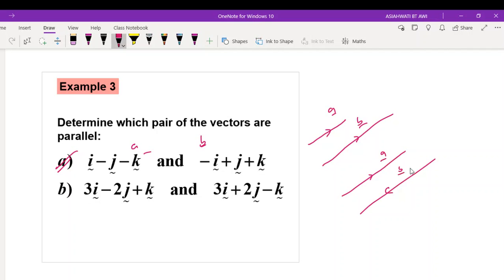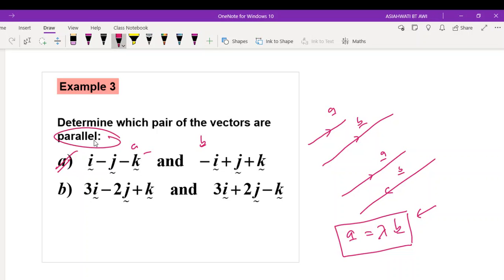So we can write vector A is equal to lambda vector B. If we can write it in this form, find the lambda. Lambda is a constant, which means you can say that the two vectors are parallel.